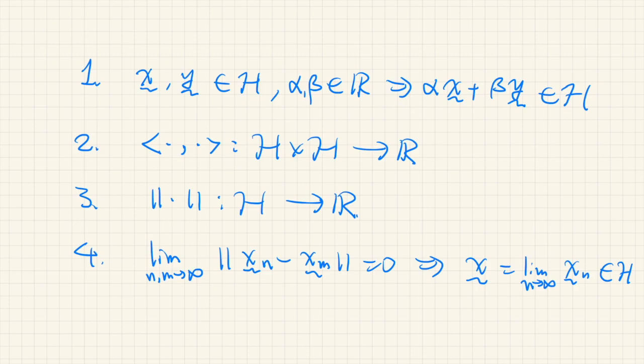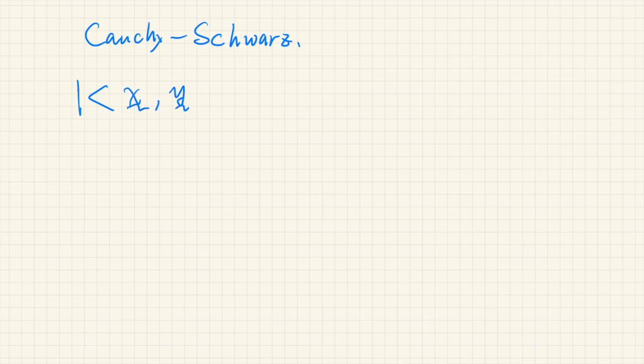Now, let's see some of the general properties of the Hilbert space as defined by these properties. The first property is the Cauchy-Schwarz inequality. That is, the absolute value of the inner product between x and y is less than or equal to the product of the norms of x and y.